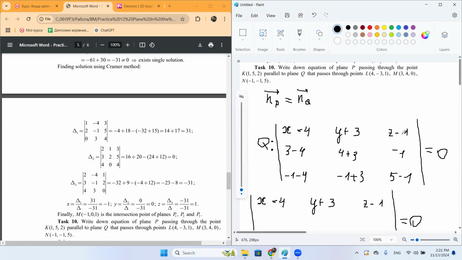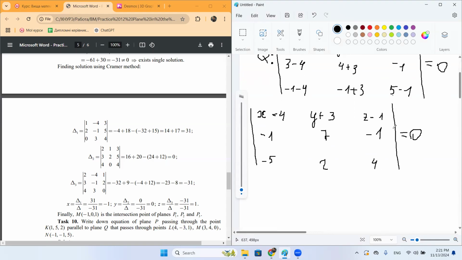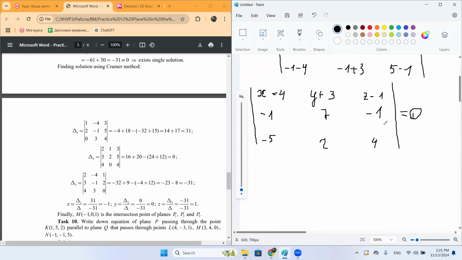And z minus 1, 0 minus 1, 5 minus 1. Okay. That will be good practice for you as well, to double check everything, because it's painful to receive the incorrect final result.